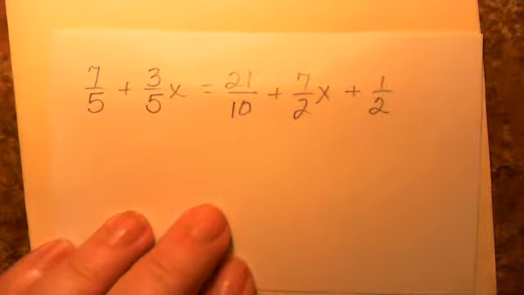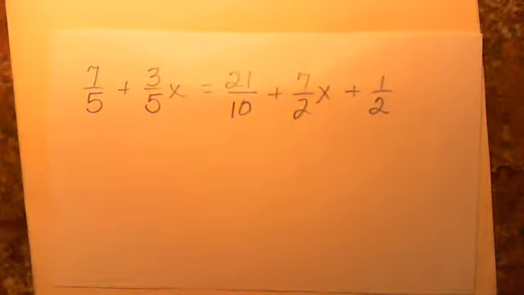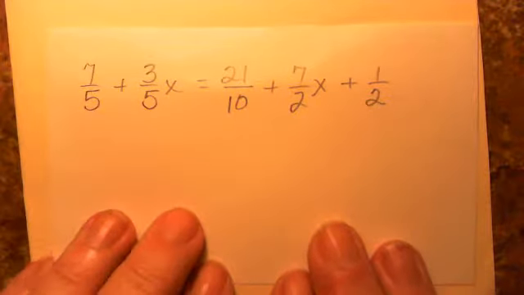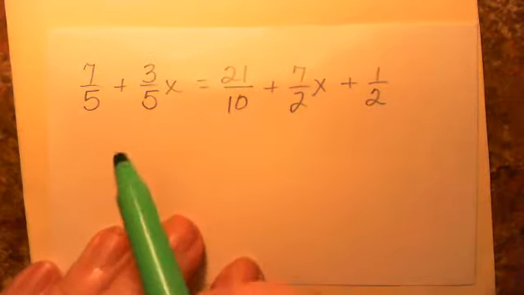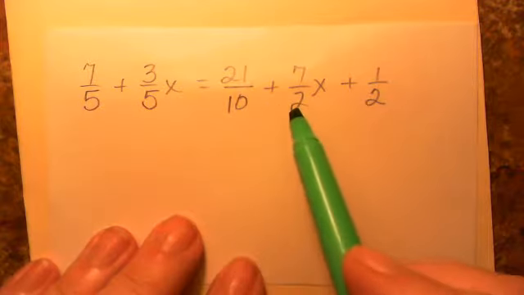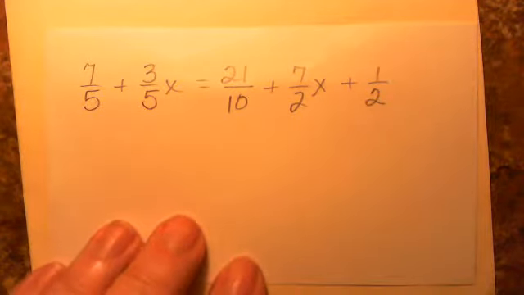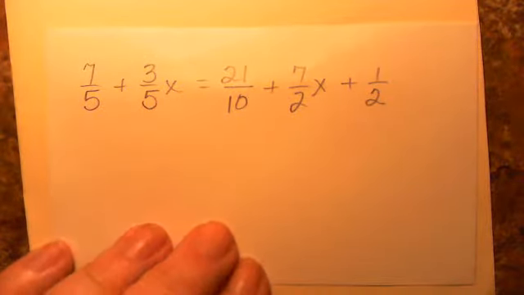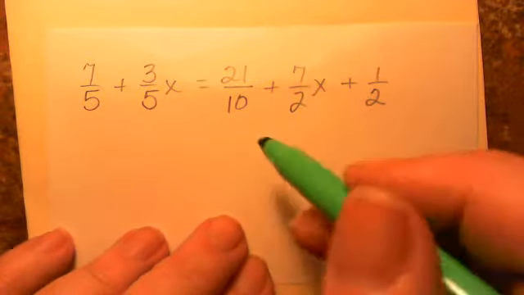Okay, this one has lots of fractions in it, lots of fractions. So one thing we could do is get rid of all the fractions. So what we need to do is look at all the denominators, 5, 5, 10, 2, 2, and spend some time deciding what is the least common denominator.